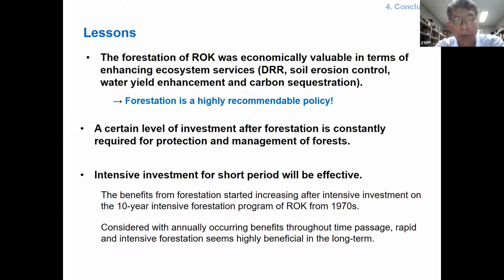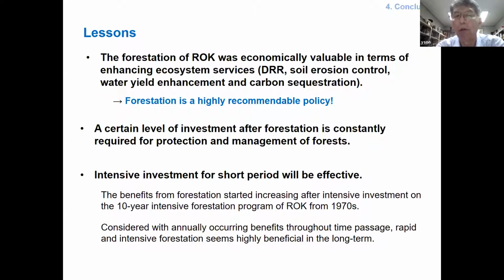The benefits from reforestation started increasing after intensive investment under the 10-year intensive reforestation program in Republic of Korea from 1970.